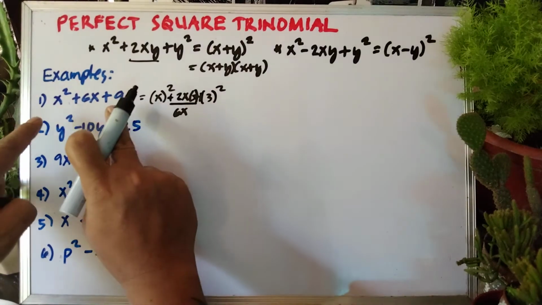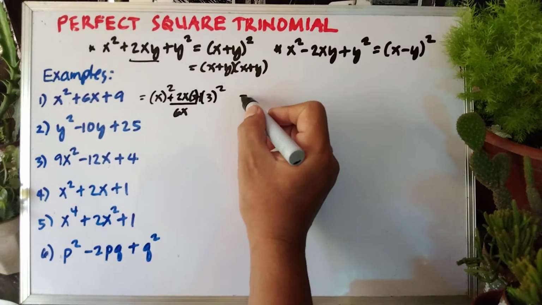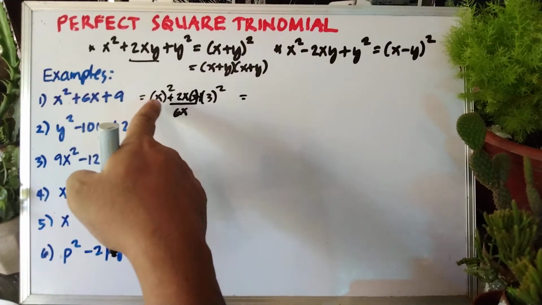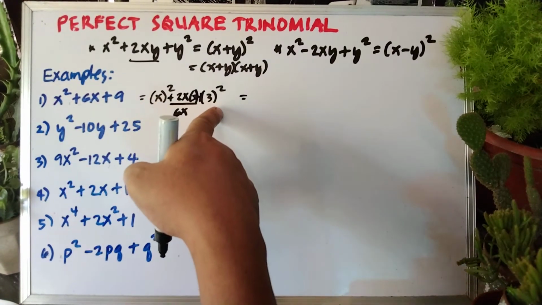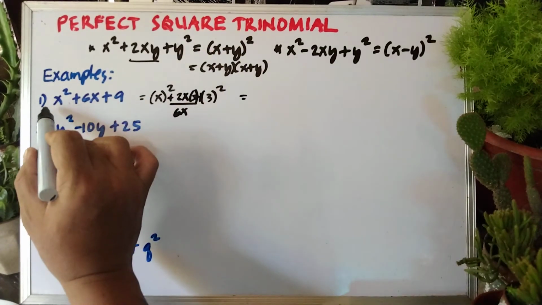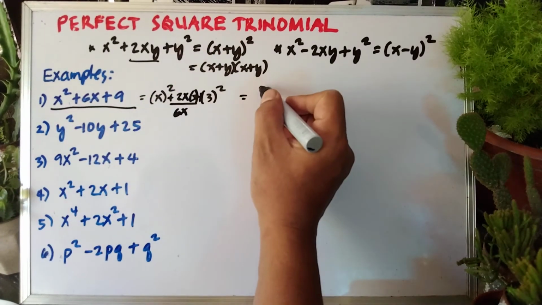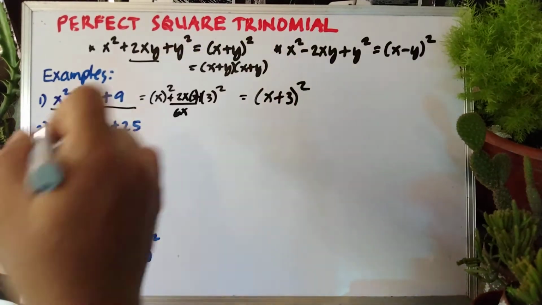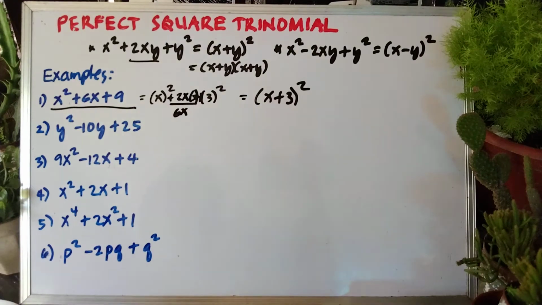So, you just try to look at the first term and the last term. So, we already know that the square root of x squared is x, while the square root of 9 is 3. So, using the perfect square trinomial formula, wherein it is all positive, then we could have x plus 3 squared. Okay. That's the factor of number 1.